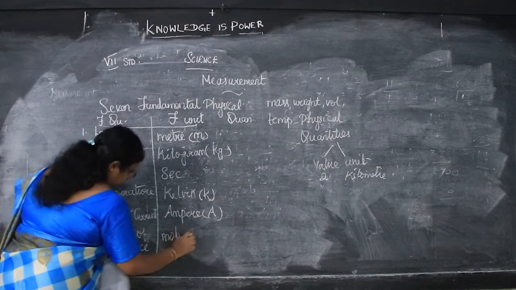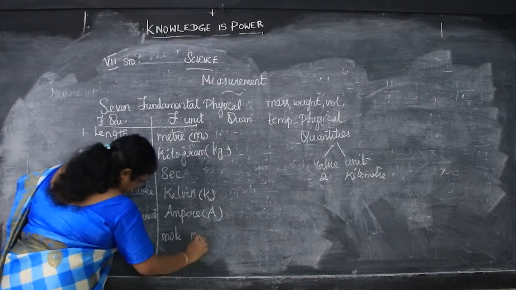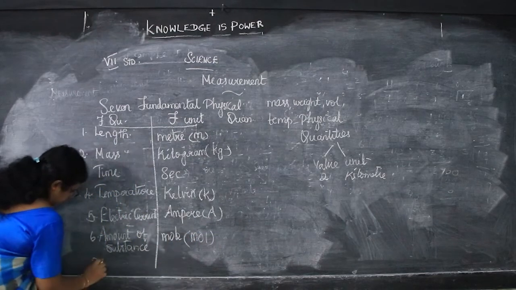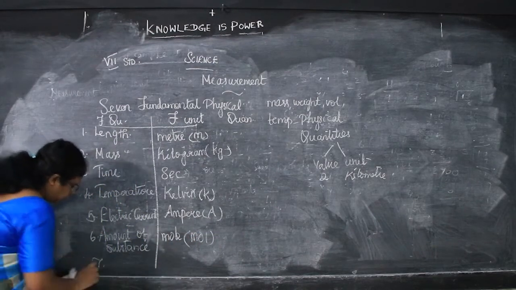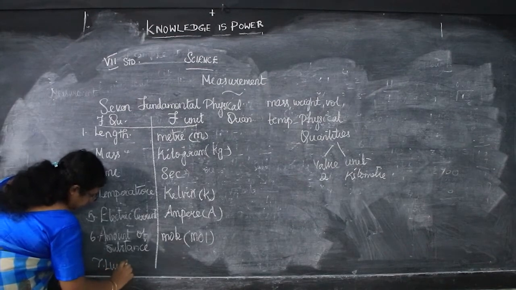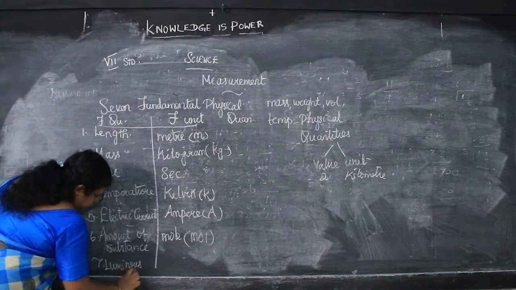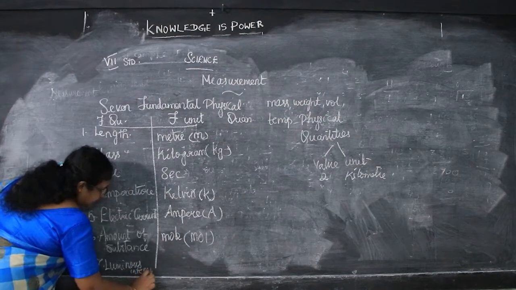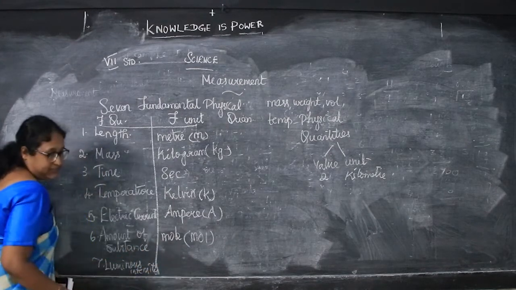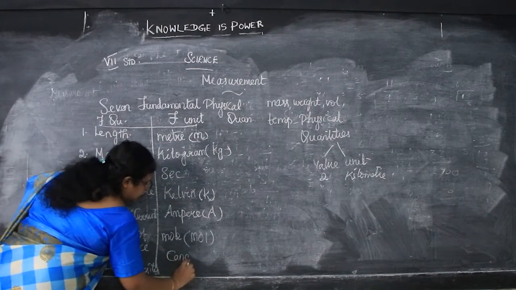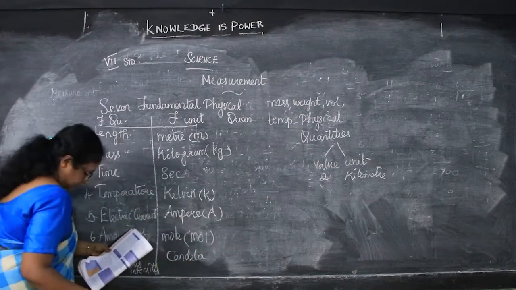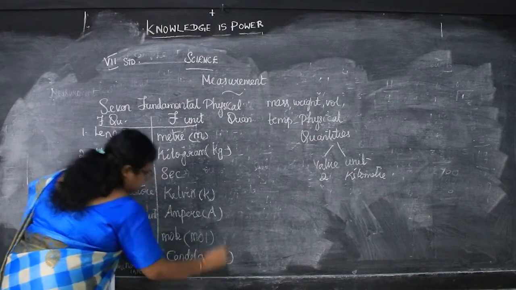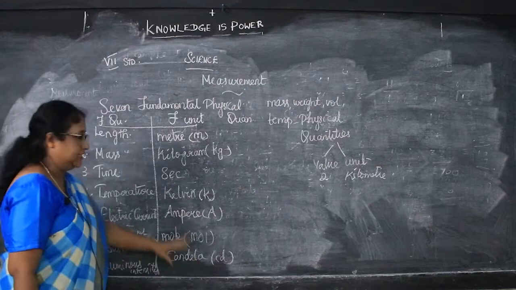Mole. And last is luminous intensity. So luminous intensity is nothing but the intensity of the light. And what is the unit for this? Candela. In short form it is used as CD.